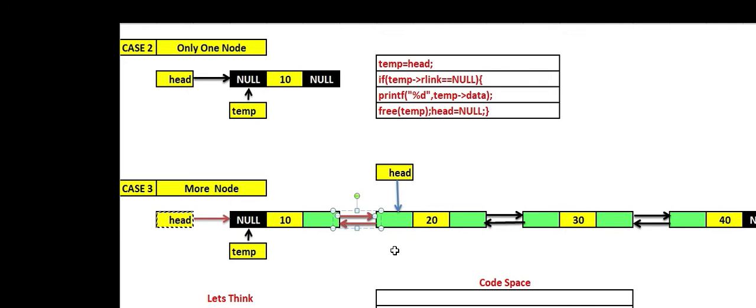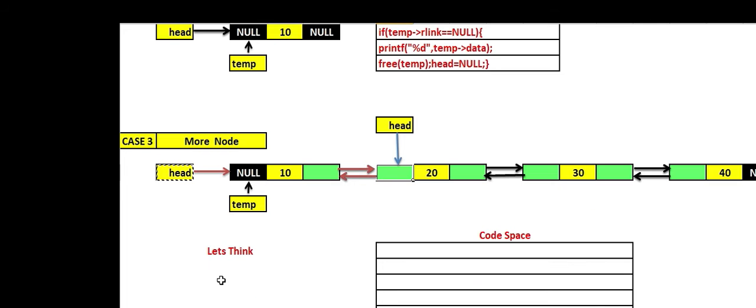But one problem is that the link of this node, which is pointed by head now, that is the left link, is still pointing to the location of the node which is freed. Then again the dangling pointer problem will come. So what you need to do is make the head's left link equal to null. Once you do it, your first node is deleted.